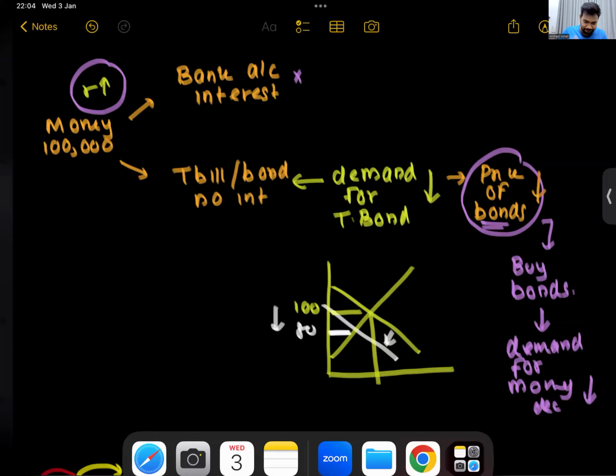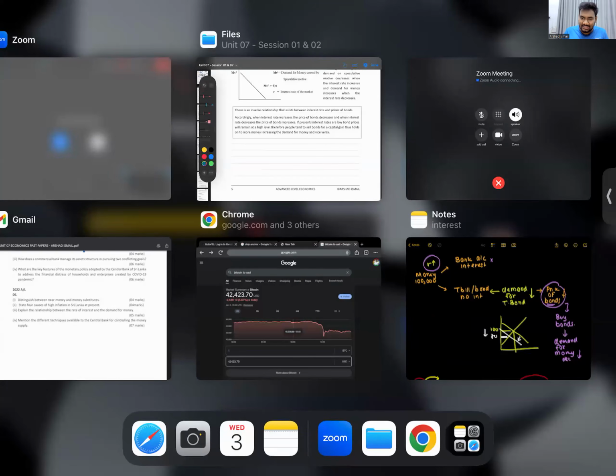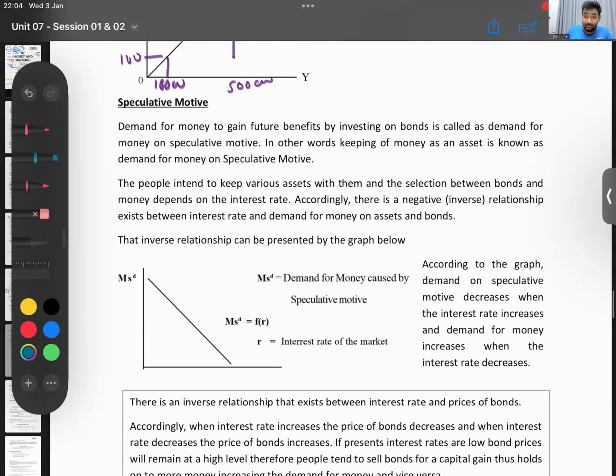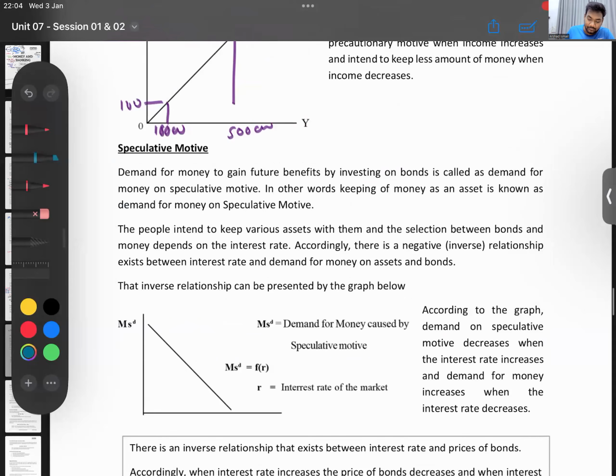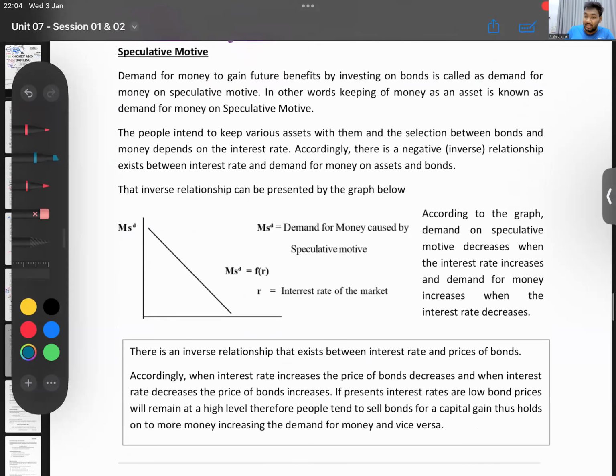Okay? Coming back to this case, demand for money. I'll quickly go through. Demand for money to gain future benefits by investing in bonds is called demand for money under the speculative motive. The money that you keep with you for investing purposes.